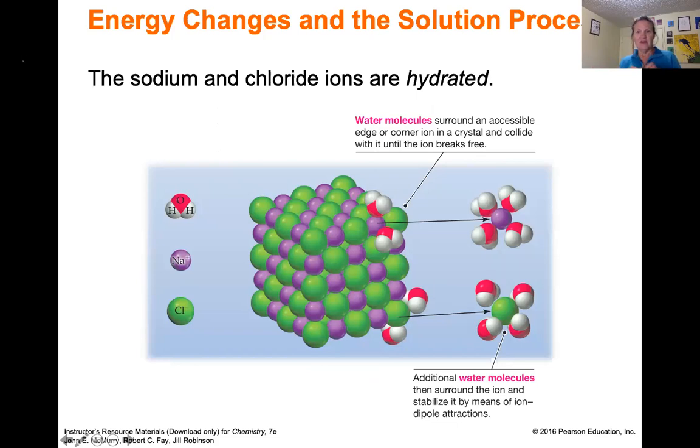If the purple ones are positively charged, the sodium, then the water molecules are going to orient their dipoles so that the negative part surrounds the positive ion. It'll be the opposite with the anion. So the chloride will be surrounded with water molecules where the orientation is such that the positive hydrogen end of the water molecules surrounds each of the anions.